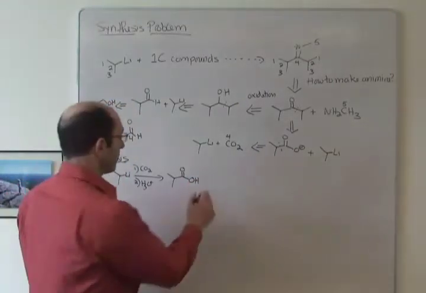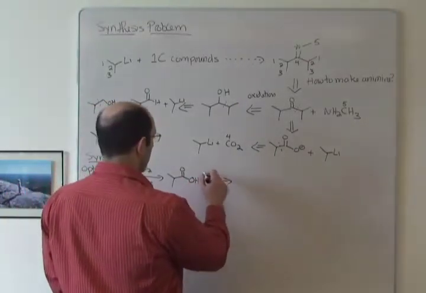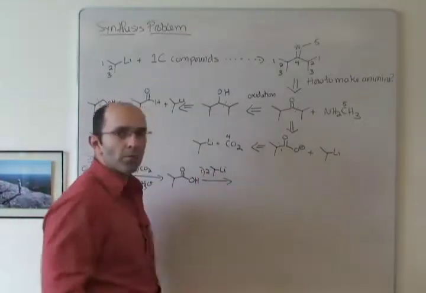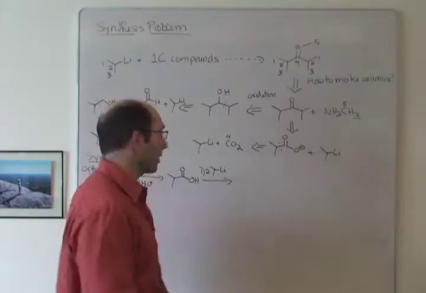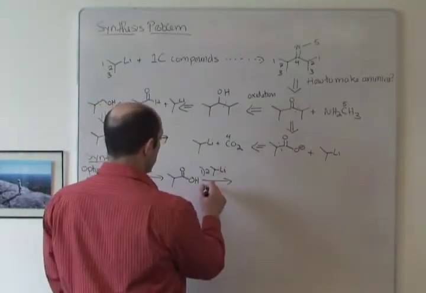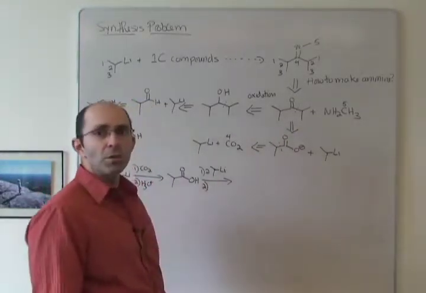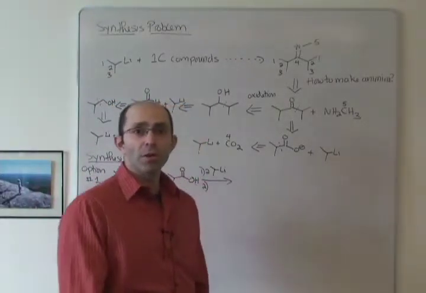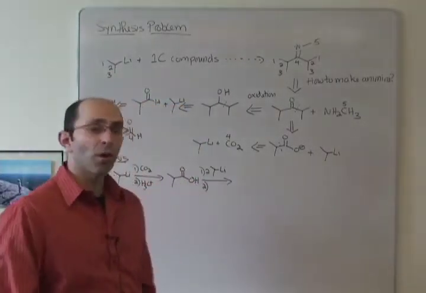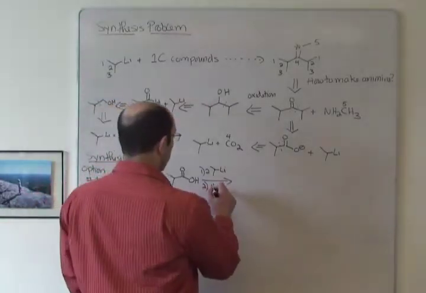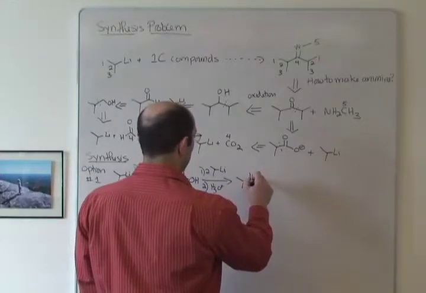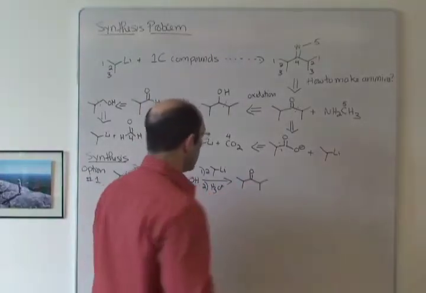Then we could do our reaction with two equivalents of alkyllithium. The first equivalent removes the proton, the second equivalent adds to the carboxylate anion. And again, remember, this is the one step where we have to use the alkyllithium instead of the Grignard reagent. Grignard reagent won't add to the carboxylate anion. And then acid, so that we get the hydrate, and then the hydrate collapses to the ketone.